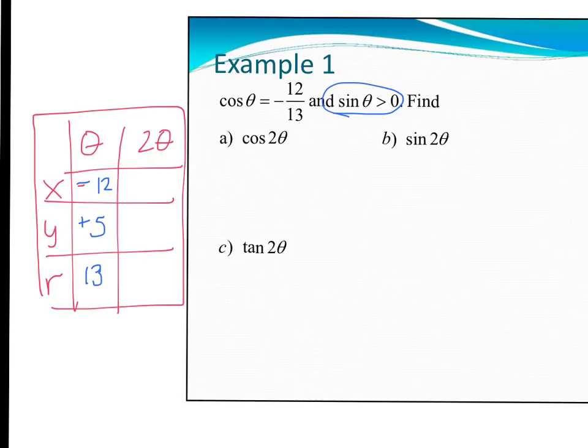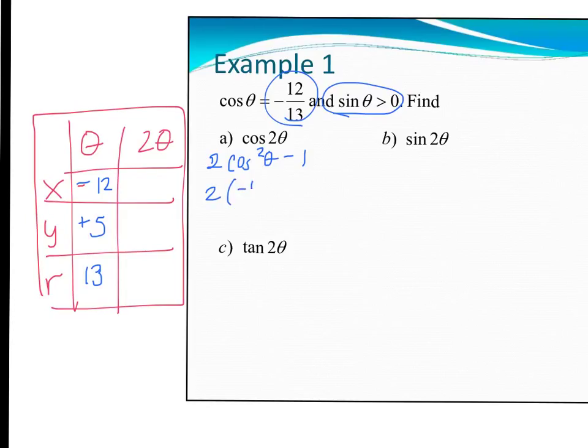Now that we know our x, y, r values for theta, we can go ahead and solve for all of the following: cosine 2 theta, sine 2 theta, and tan 2 theta. So if we use our formula for cosine 2 theta, here I would recommend using the formula of 2 cosine squared theta minus 1, simply because cosine theta is what was given to us.